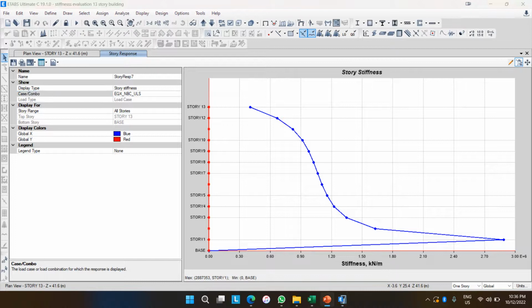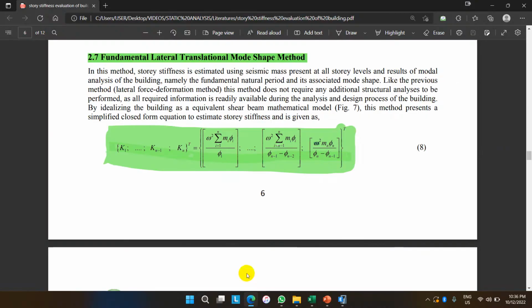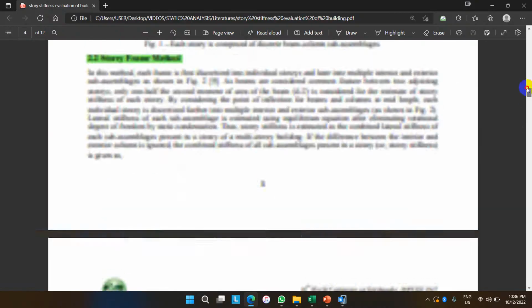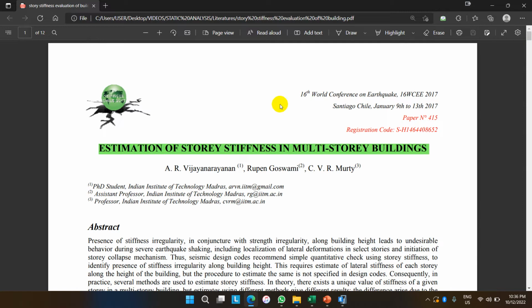So before starting the video, I want to acknowledge some of the references which I will be using here. For the manual calculation, I will be using the paper called Estimation of Story Stiffness in Multi-Story Building, published by Professor Murthy and his team, and some lecture notes of Dr. Fawad Nazam, who is a renowned professor in the field of structural engineering.